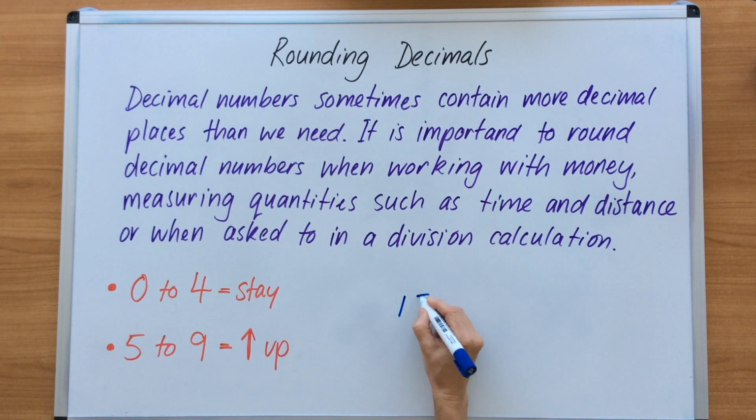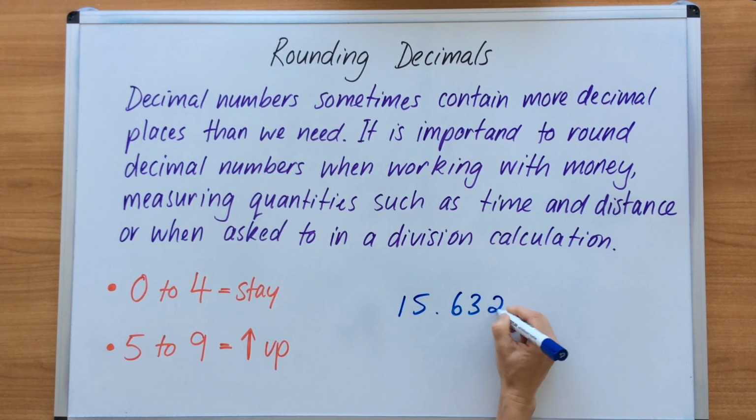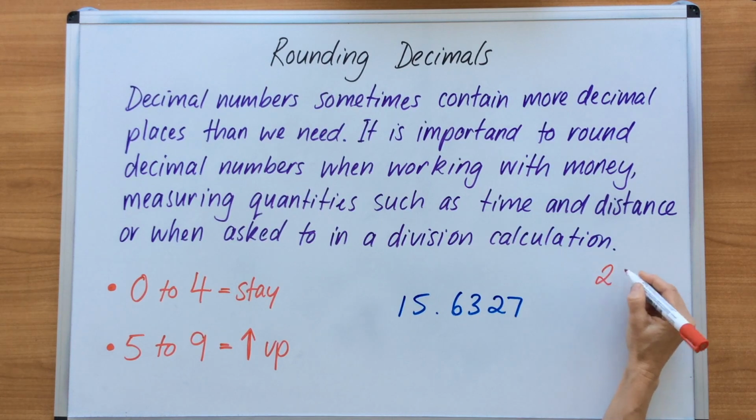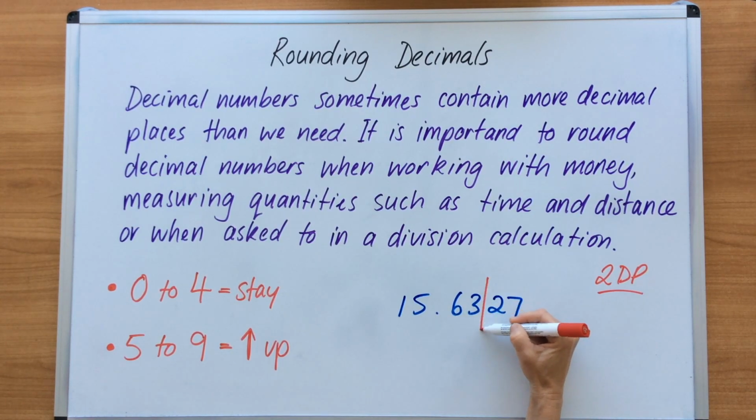If I have the number 15.6327, and I'm going to round this to 2 decimal places, so 2 dp is our goal. I look at the decimal place and count 1, 2, then draw a line and underline the next number.